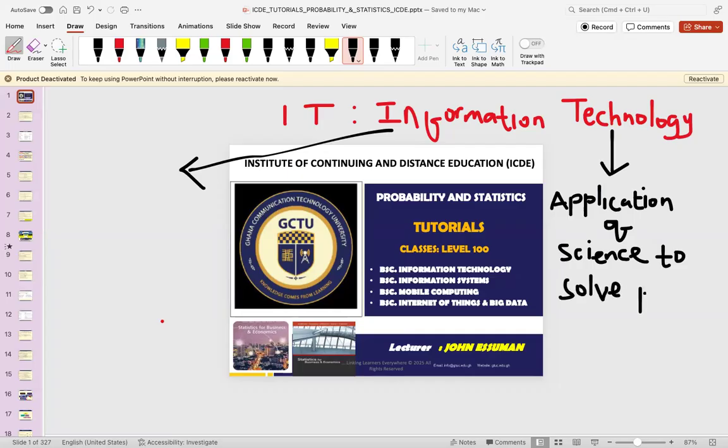All right, so this is clear here. Now, what about the first word, information? Now, information can also be simply defined as processed data. Processed data.